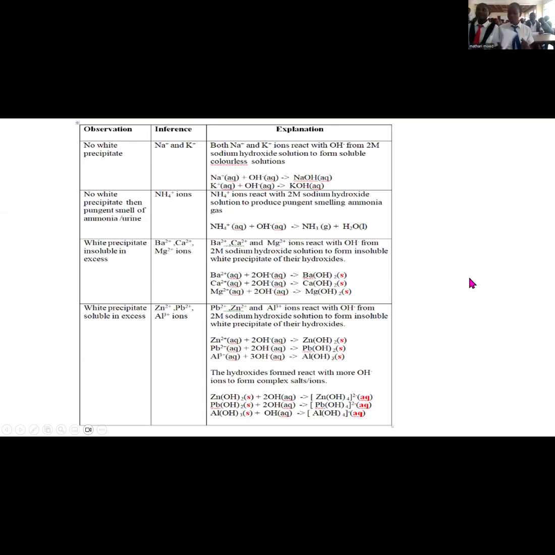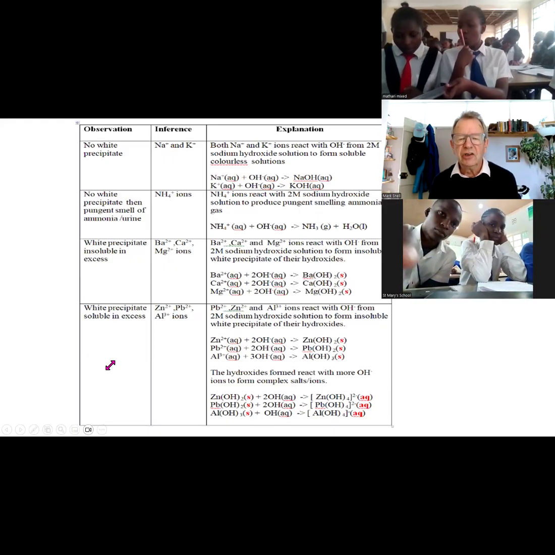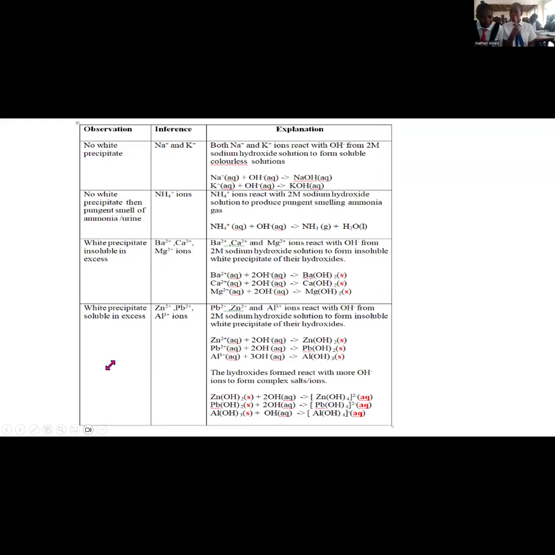This is a textbook page of what you need to know, but this is really quite hard. There is too much information here. So what I'm going to do is to simplify it. We're going to look at when there is no white precipitate, when there is a white precipitate which is soluble, when there is one which is insoluble, and so on.